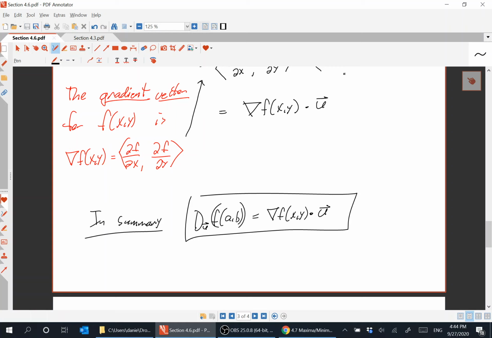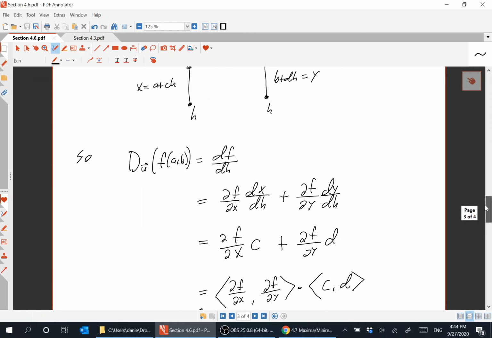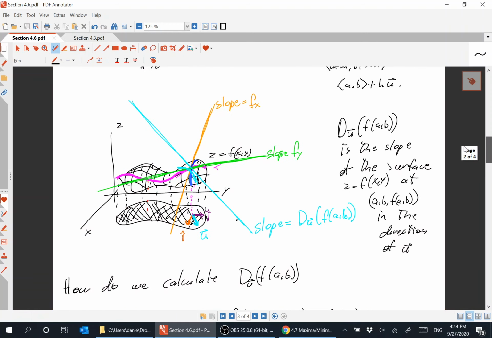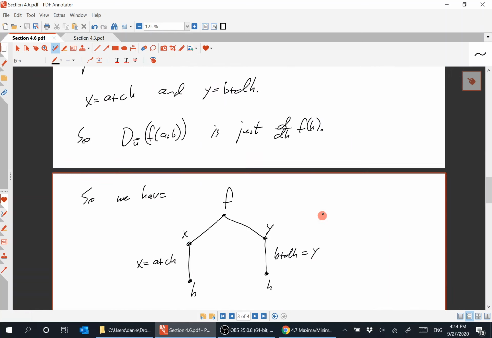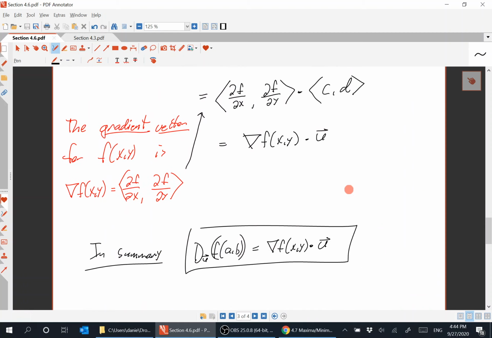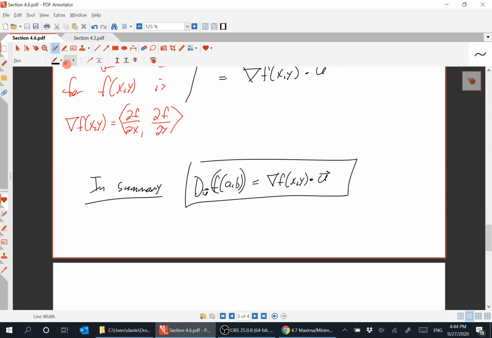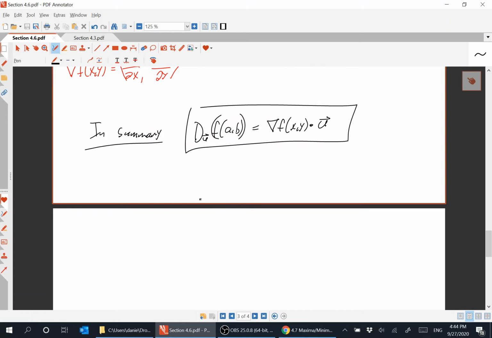The geometric meaning of the directional derivative as the slope of the surface in the direction of u comes from the limit definition of the directional derivative. So that's how you calculate it. Let's rewrite the dot product in terms of sine and cosine.